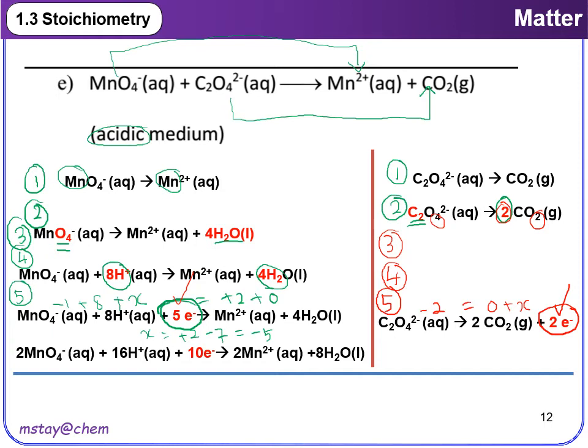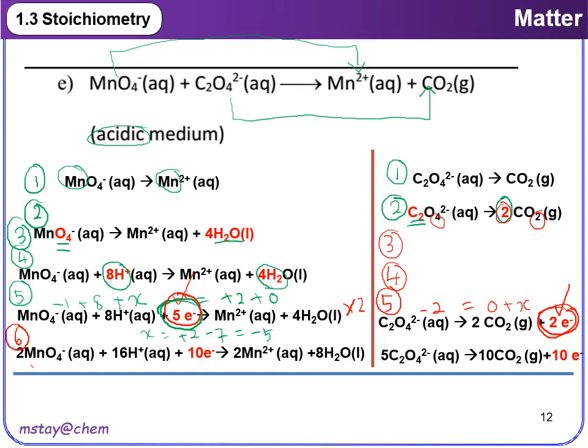Then we can continue to step number 6, where we multiply the equation. Here we have 5 electrons and here we have 2 electrons. So for the first half equation, we multiply with 2.